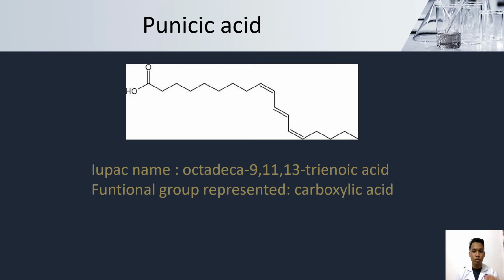The component that we chose from pomegranate is punicic acid. The IUPAC name for punicic acid is octadeca-9,11,13-trienoic acid, and the functional group represented in punicic acid is carboxylic acid.